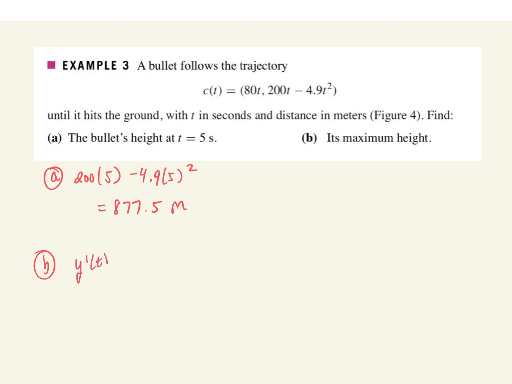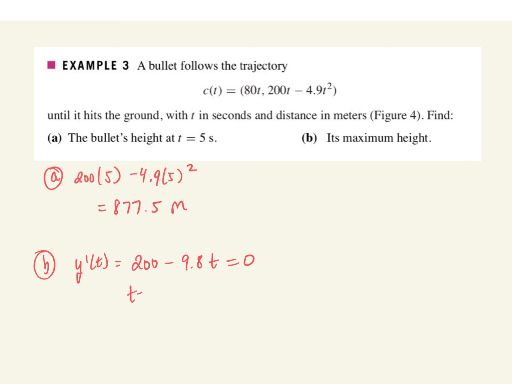So y prime of t equals 200 minus 9.8t. Set that equal to 0. Again, using this format with Galileo, it ends up being the negative b over 2a, just like it did back in Algebra 2. It's not a coincidence. Pretty cool, right? Because of the power rule.